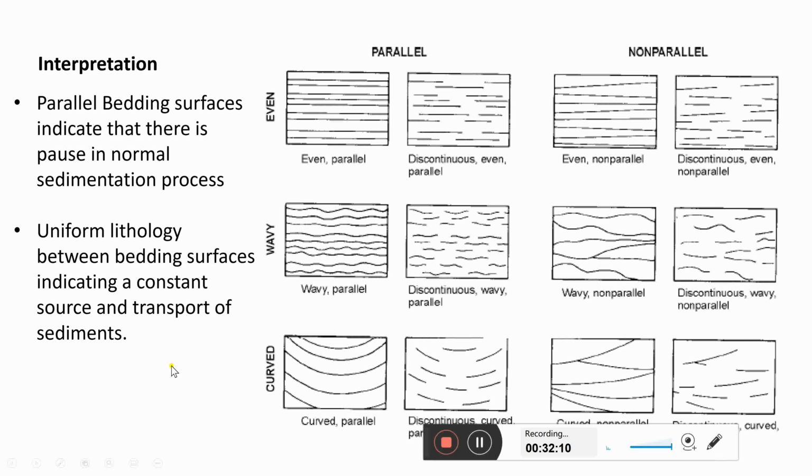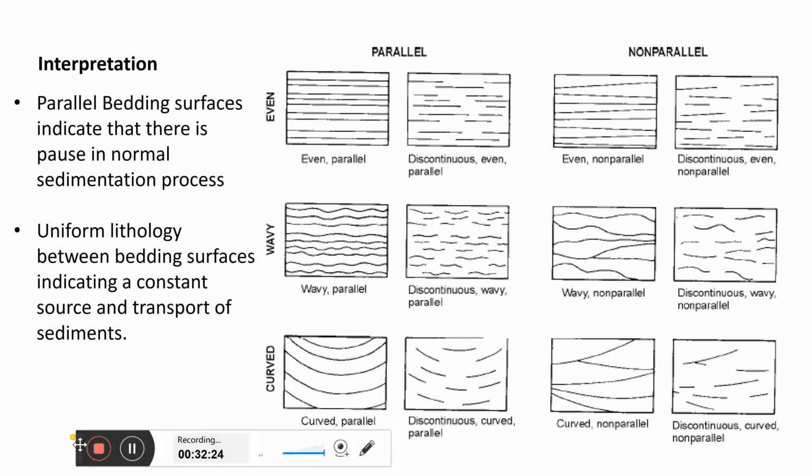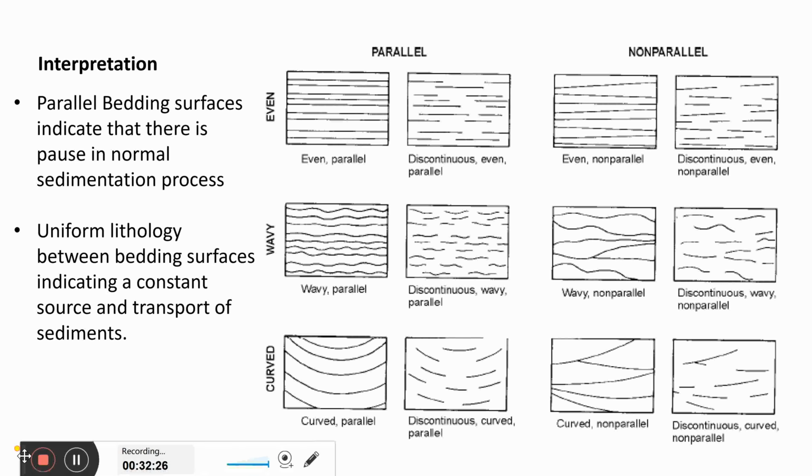Okay, here are some parallel bedding structures, and what we can interpret from these figures, these diagrams. Parallel bedding surfaces indicate that there is a pause in the normal sedimentation process. Similarly, uniform lithology between these surfaces indicates a constant source and transport of sediment.